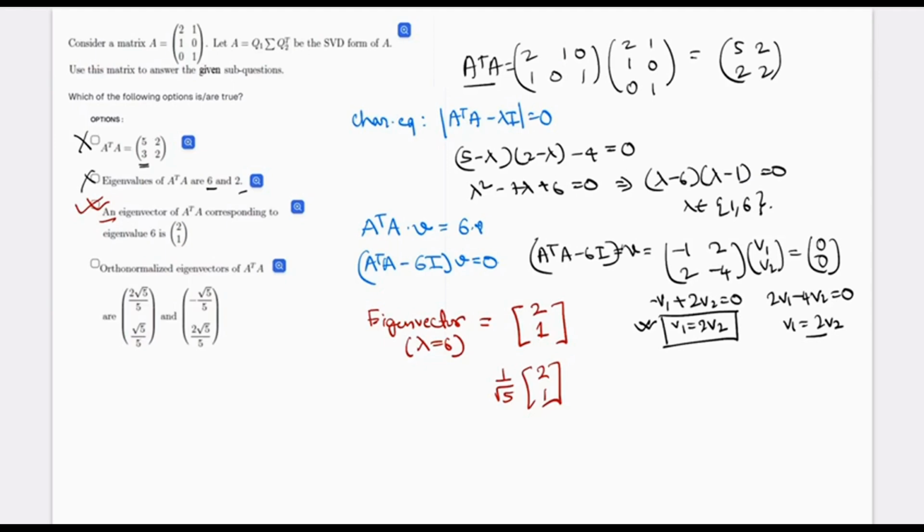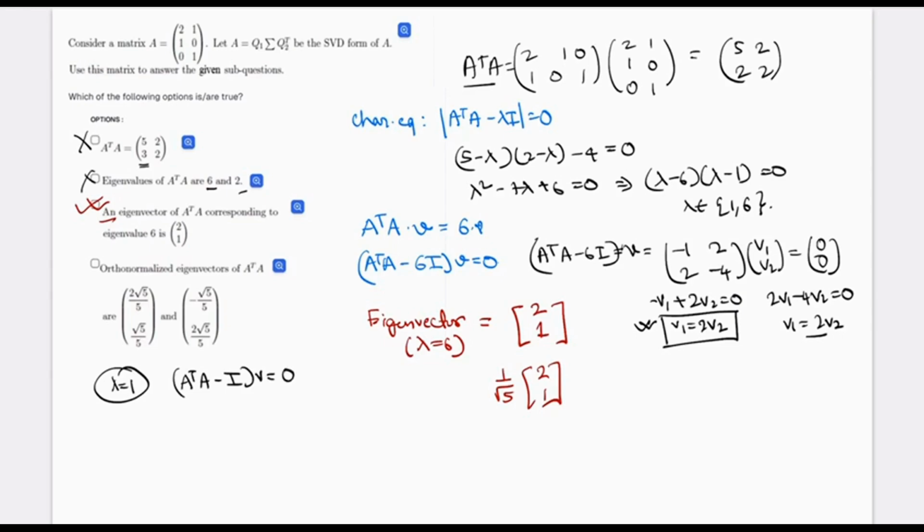So the next option says the orthonormalized eigenvectors are... okay, so we already found the eigenvector corresponding to lambda equal to 6. Now let's do the same thing for lambda equal to 1. So (A transpose A minus 1 times I) times V is equal to 0.